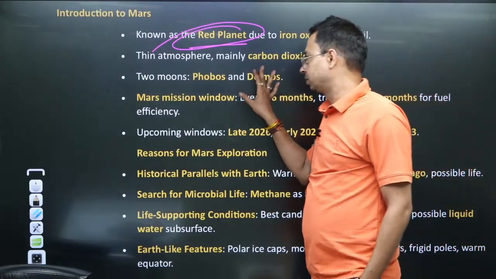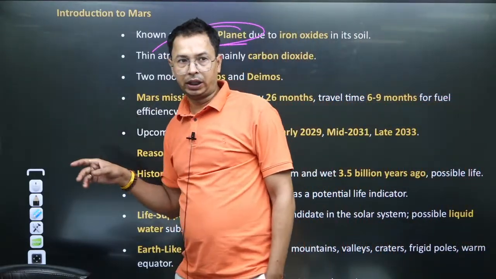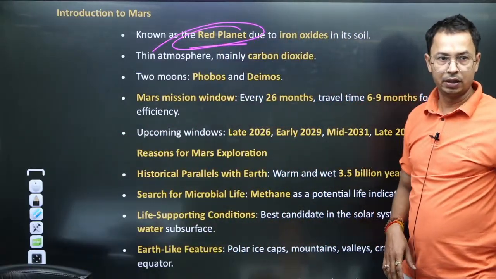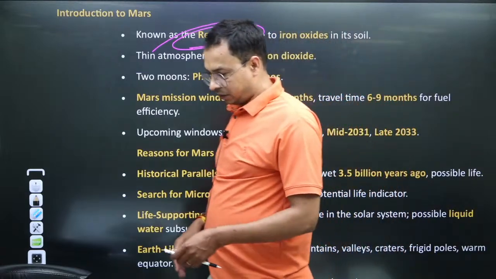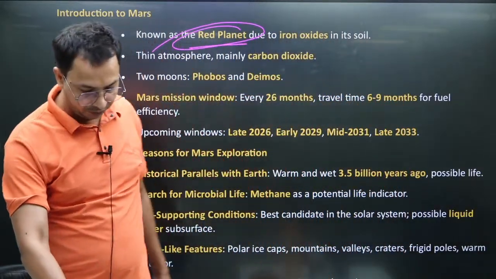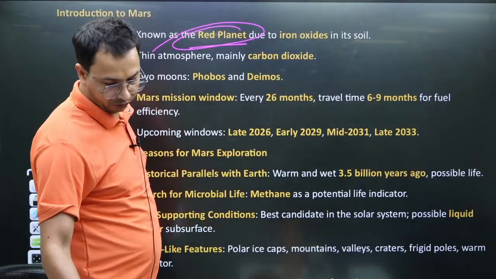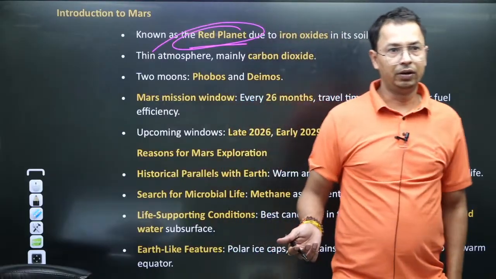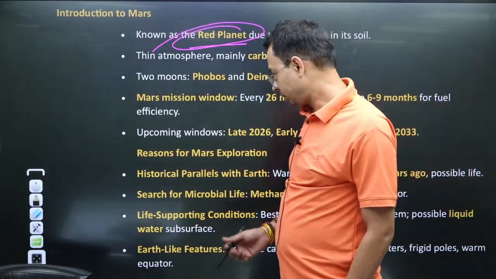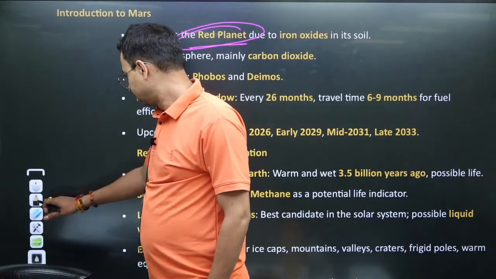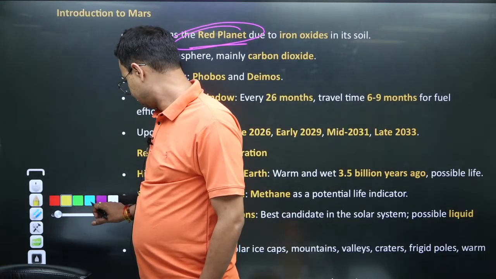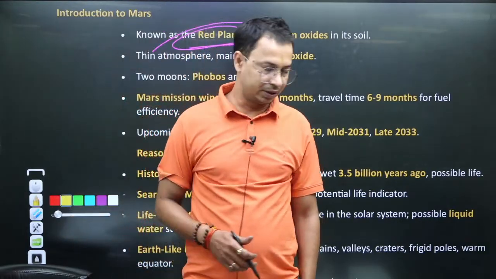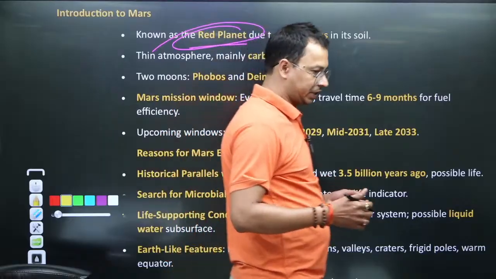And the Martian atmosphere is made up of carbon dioxide. Mars has 2 moons, one is Phobos, another is Deimos. Then the Mars mission window. Look, for the moon we can have a mission whenever we want, but for Mars it is not the case. The window for a Martian mission comes every 26 months.